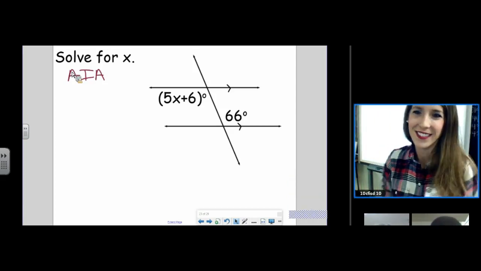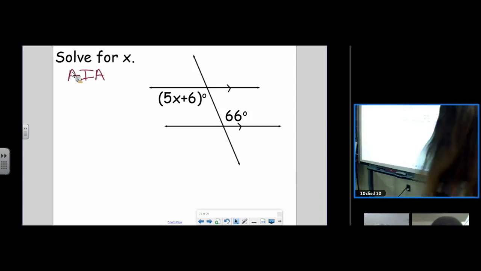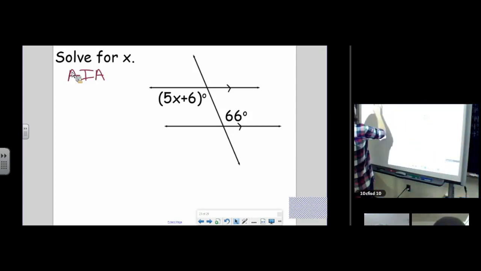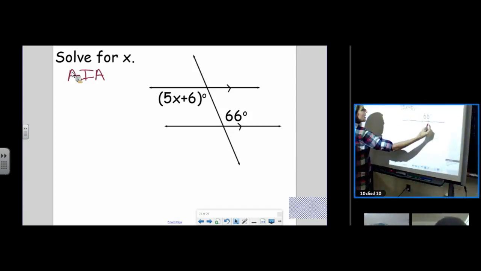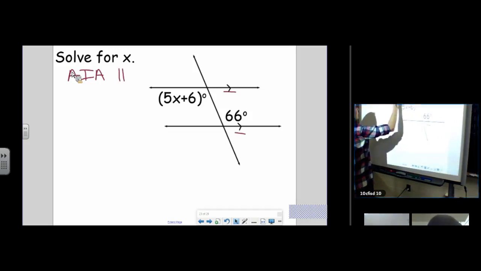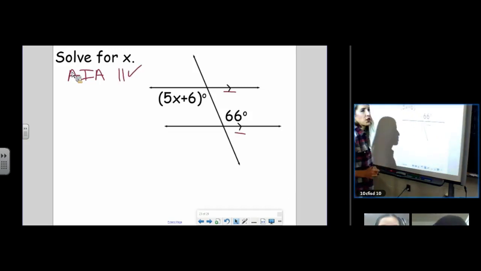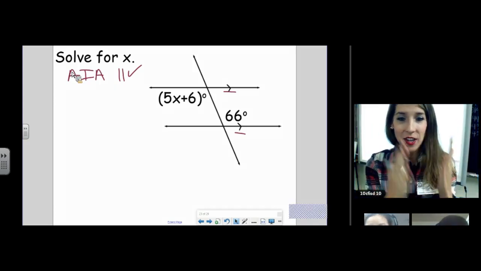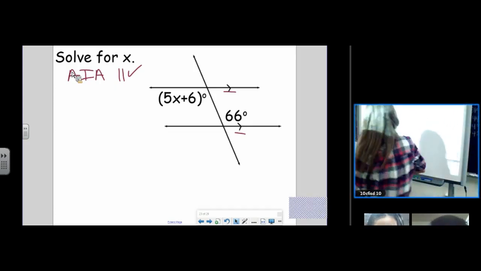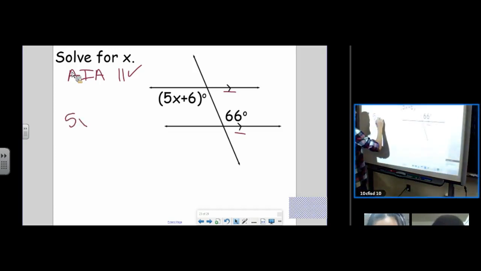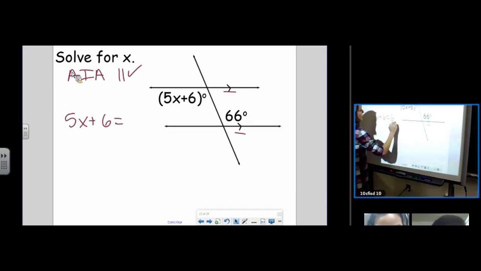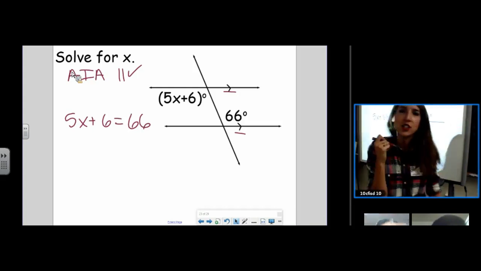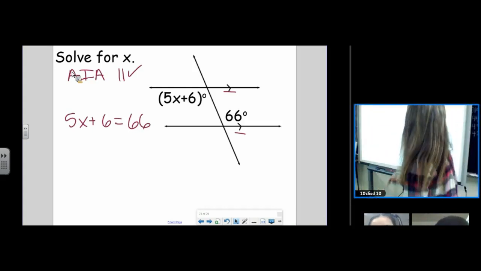Not that, but I see where you're going with that, Fong. Step 2, check to see if the lines are parallel. Check, parallel. Alternate interior angles landed in the congruent column. Very good. Congruent means they're equivalent. It means their measures are equal. So we can set them equal.